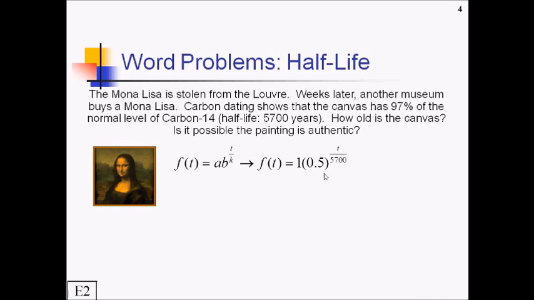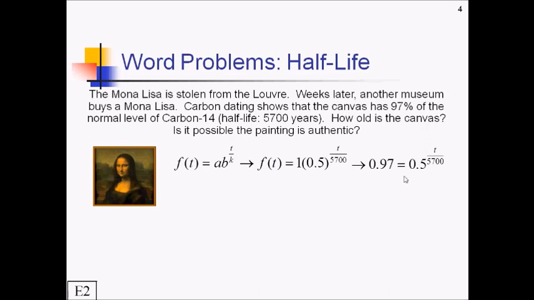Our target amount, 97% for f of t, I'm going to rewrite as 0.97. So this is the equation I ultimately need to solve. I'm not going to write this 1 again because 1 times anything is just itself, but it is there. If you didn't get this far, that's fine. Pause the video and try to take it the rest of the way.